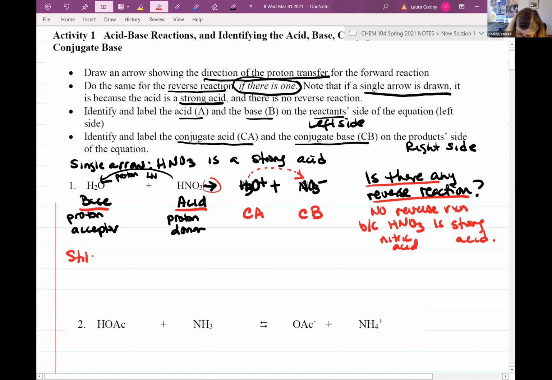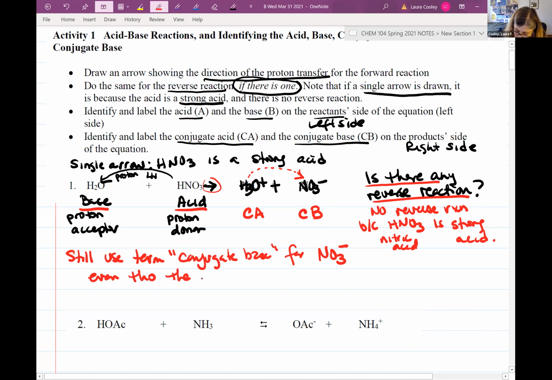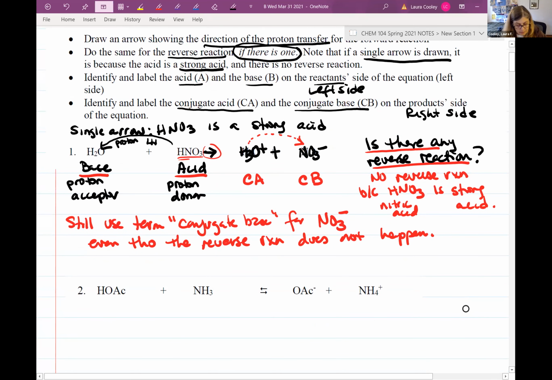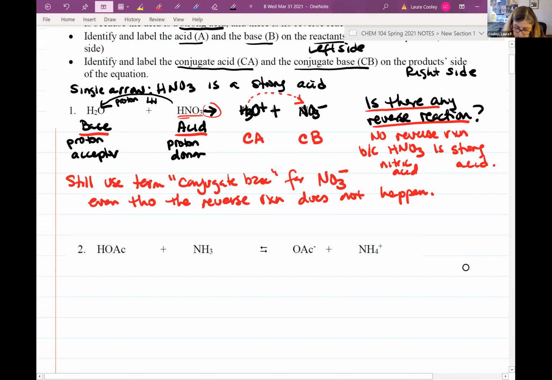So we still use the term conjugate base for nitrate, even though the reverse reaction doesn't happen. It is still HNO3 without an H plus. It's still the conjugate base, NO3 minus, and H3O plus is always the conjugate acid of water, differs by an H plus. Okay, so that's the first one.